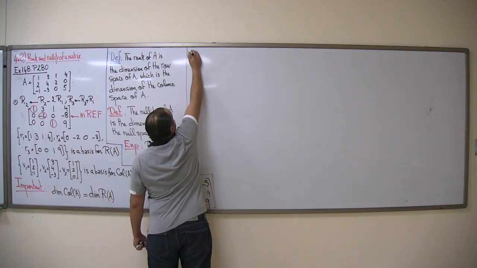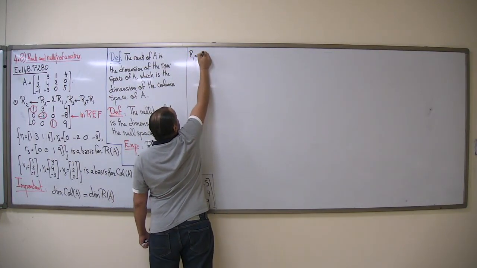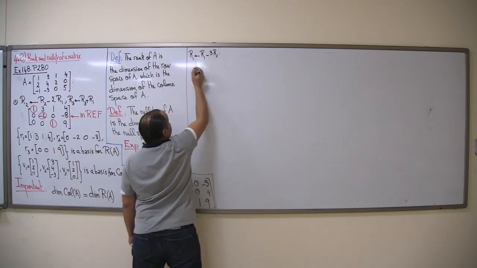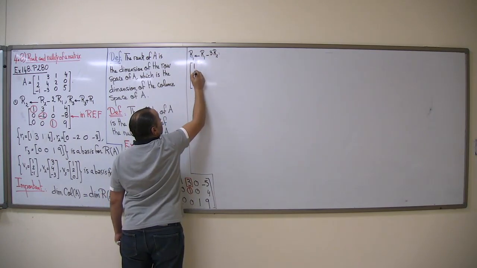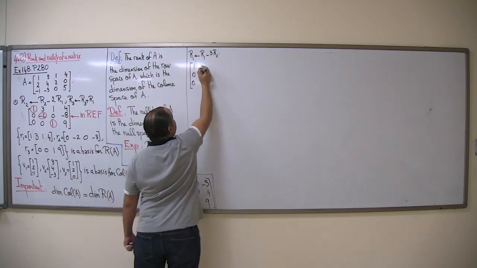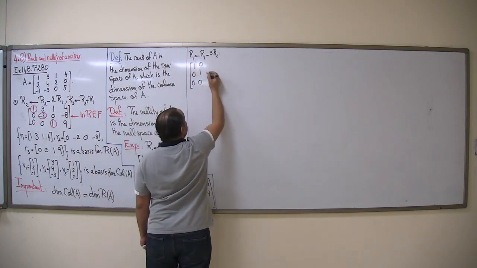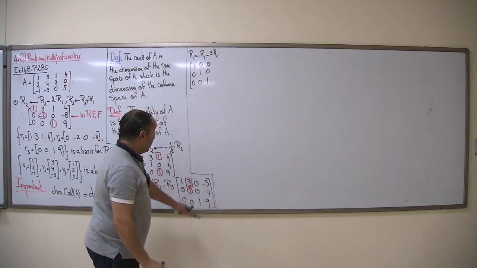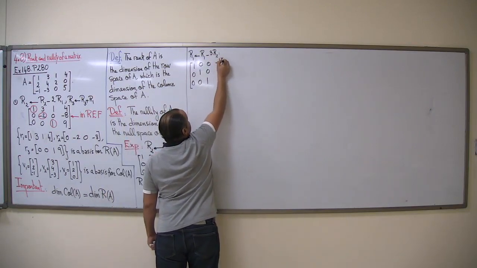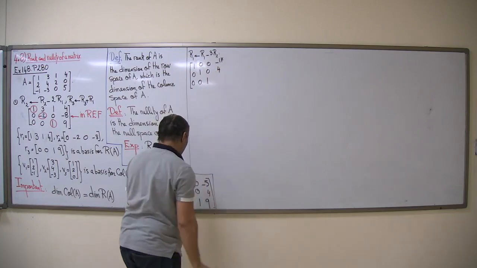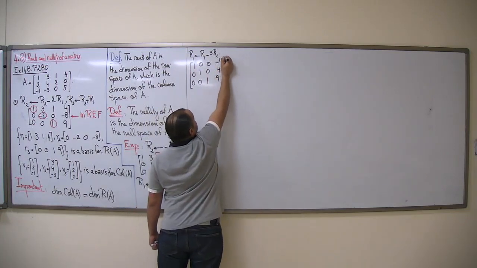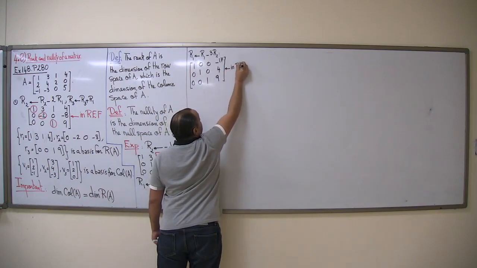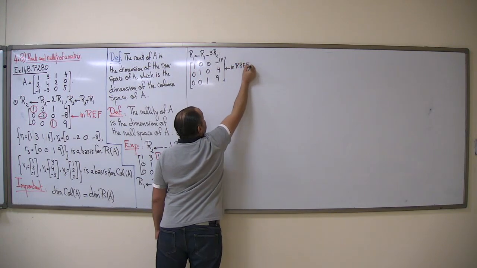So I'll say R1 becomes R1 minus 3 R2. 1, 0, 0, then 0, 1, 0, then 0, 0, 1, and I have minus 5, minus 12, minus 17, 4, and 9. Now this one is in RREF.